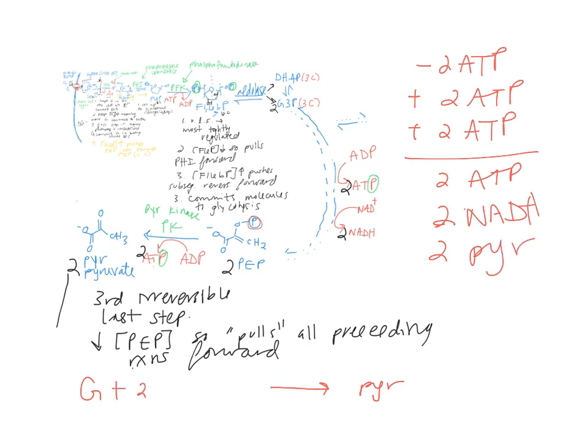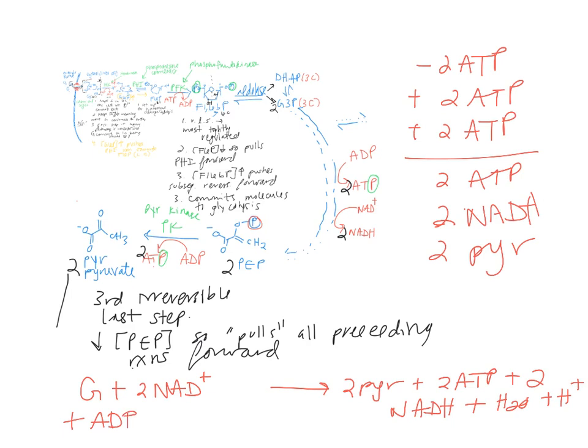I had 1 glucose. I got 2 pyruvates out. I got 2 ATPs. I got 2 NADHs. And then in some of the mechanisms, we got some water out, and the H plus. If I created 2 NADHs, I would have had to put 2 NAD pluses in. To get my 2 ATPs, I have to have 2 ADPs and 2 phosphates also going in.